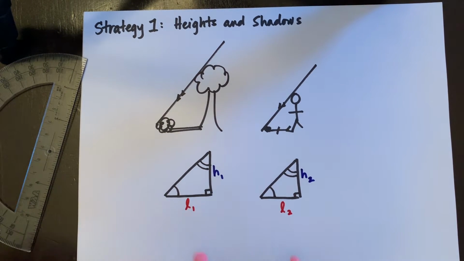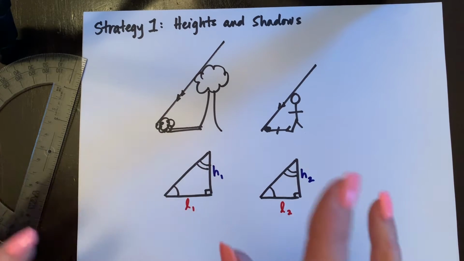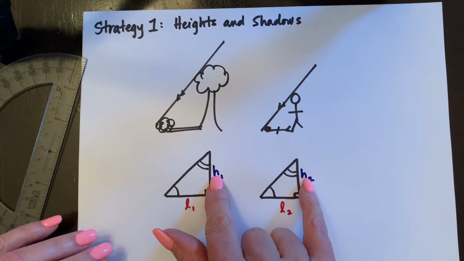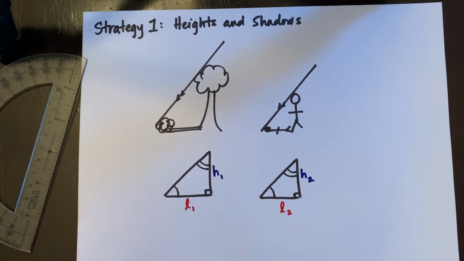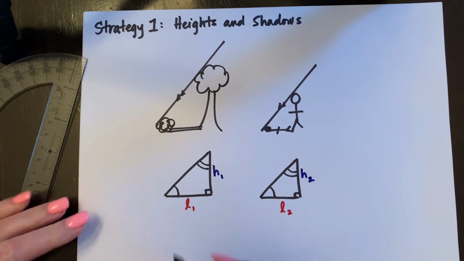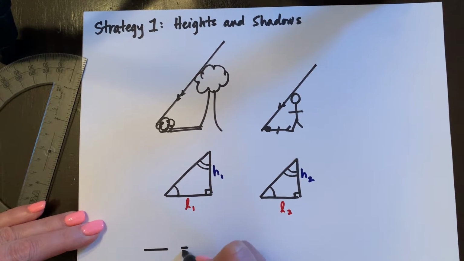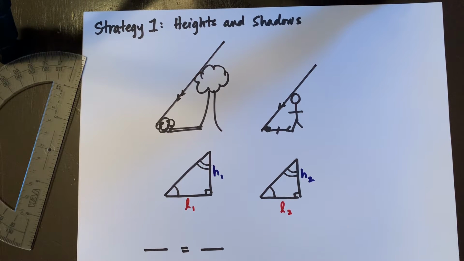When we have two triangles that are similar, or two figures that are similar, ratios of corresponding sides are equal. So that means I could create two ratios, set them equal to each other, and then I have an equation I can work with.